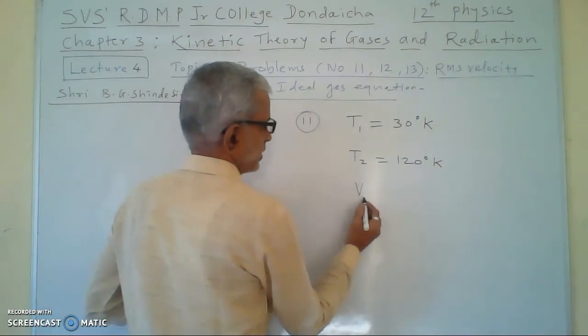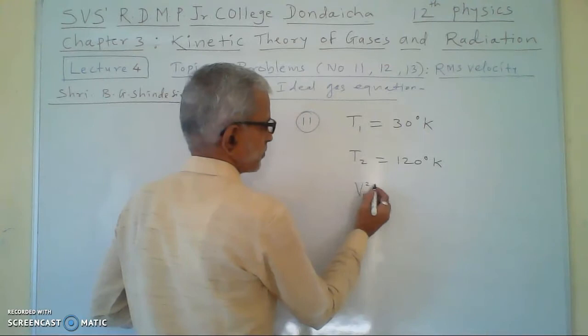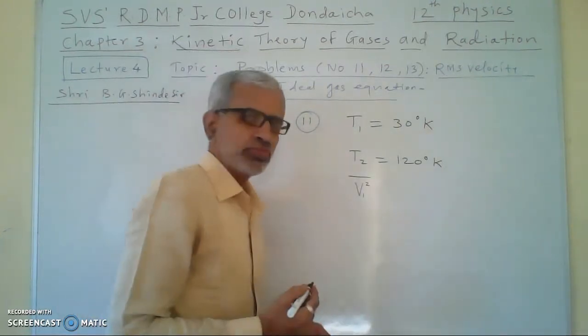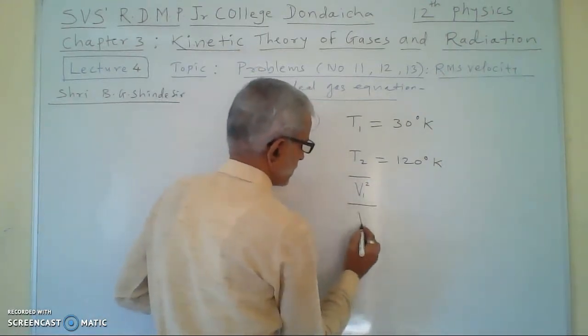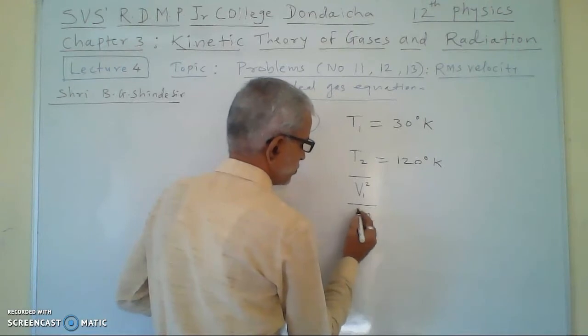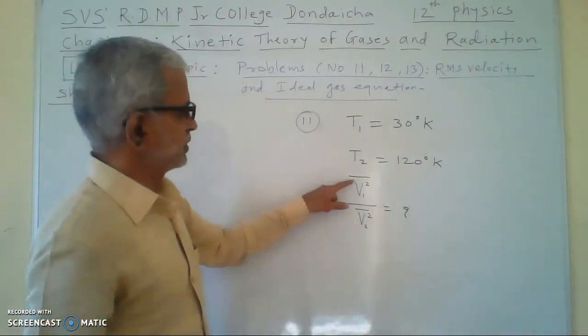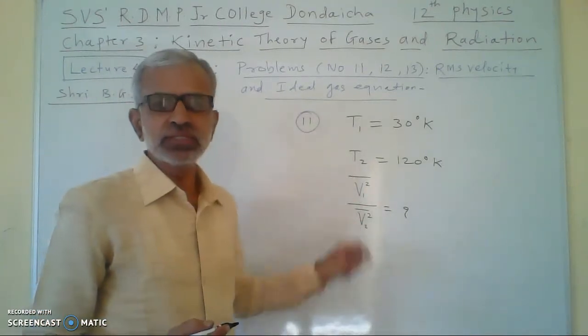Then find the ratio of, not RMS, the ratio of the mean square velocity V1 square bar divided by V2 square bar. We have to find this ratio.